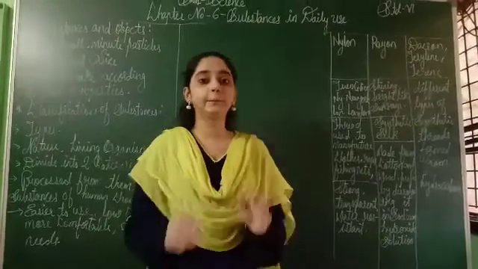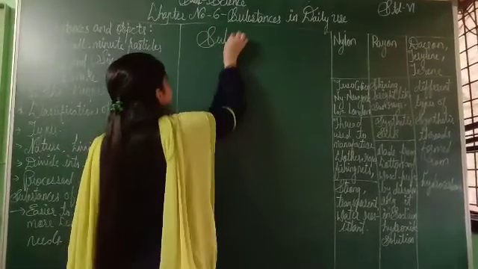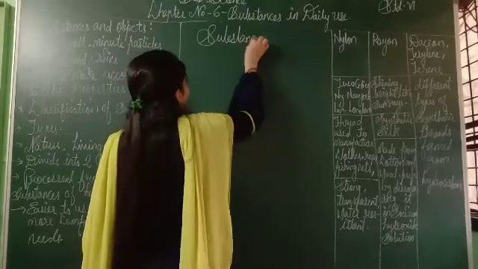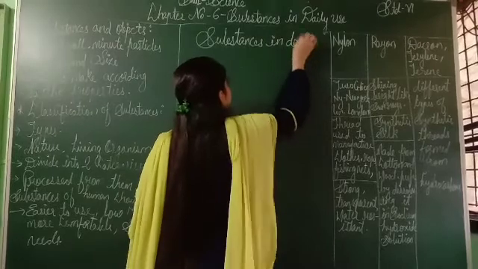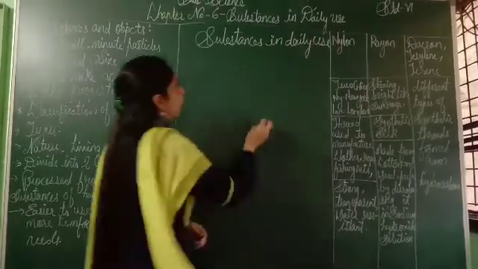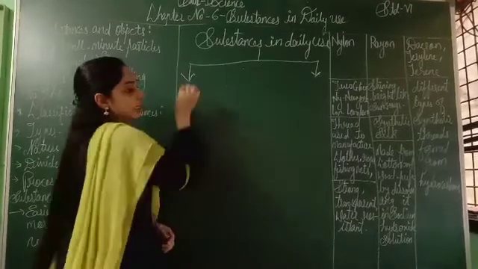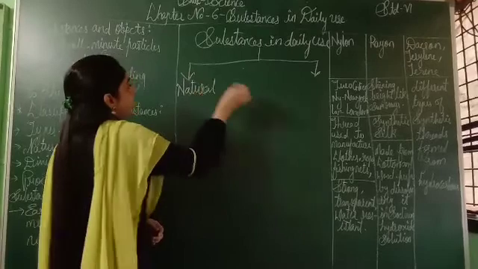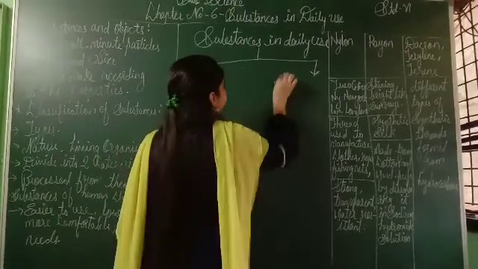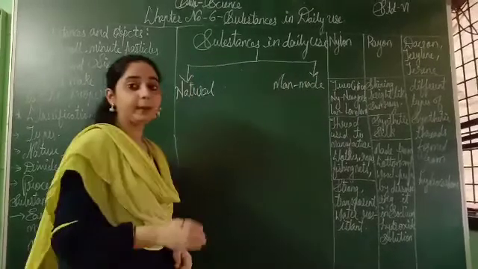Let us complete the table. So see here, this is a table, that is substances in daily use. So we have two types of substances which we use daily. The first one is natural, that we get from nature, and the second one is man-made, that is made by man.